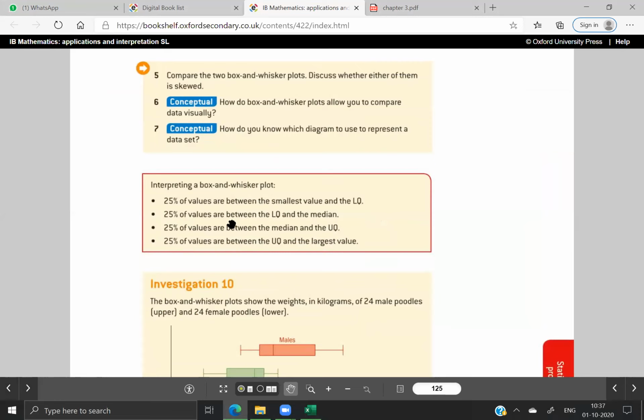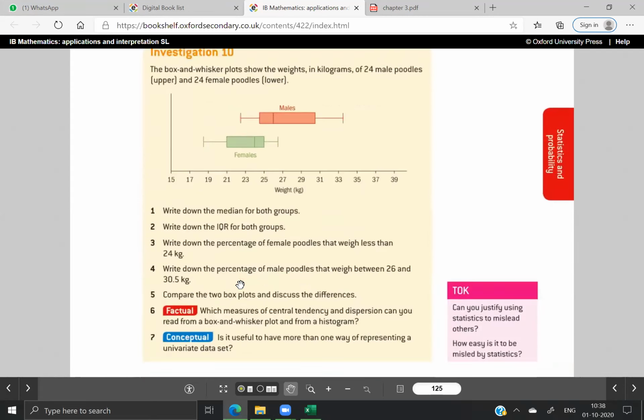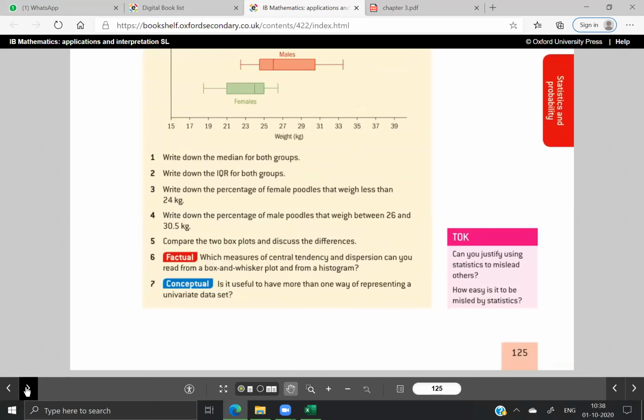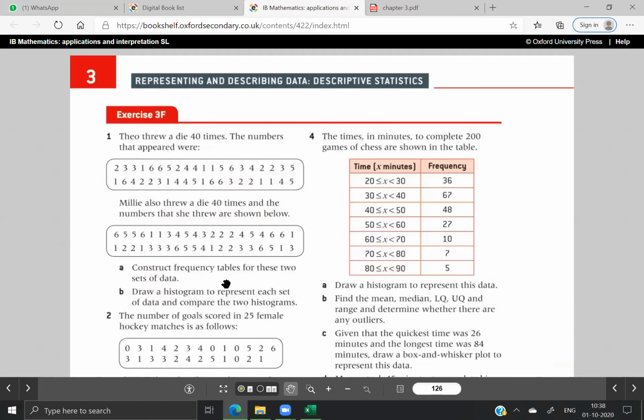Get that idea of drawing it, and then this is again a very, very important interpretation of the box and whisker plot, which is definitely asked in your IB paper. I will explain this tomorrow, after you first try how to draw the box and whisker.